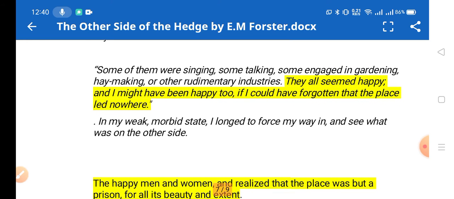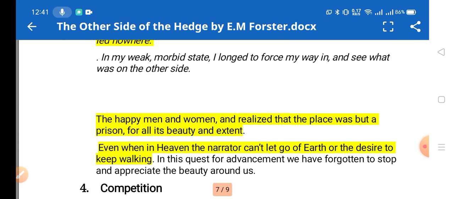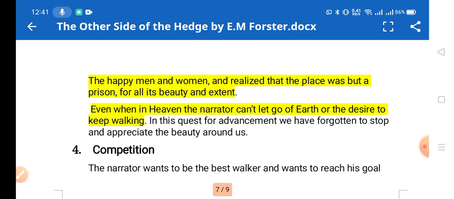He also narrates about heaven on the other side that they all seem happy, and I might have been happy too if I could have forgotten that the place led nowhere. This is the end, and this is the end forever. And the happy men and women, they realized that the place was but a prison for all its beauty and extent.